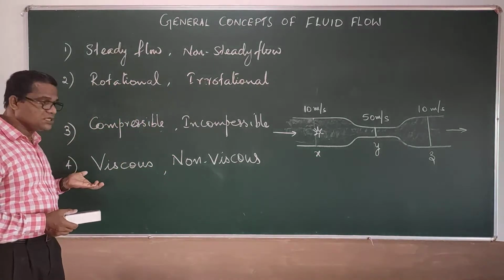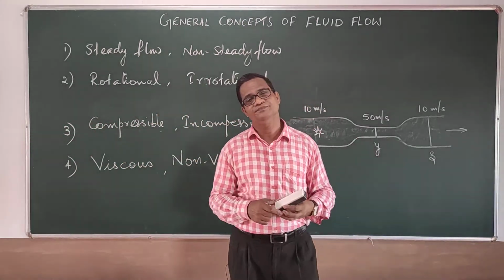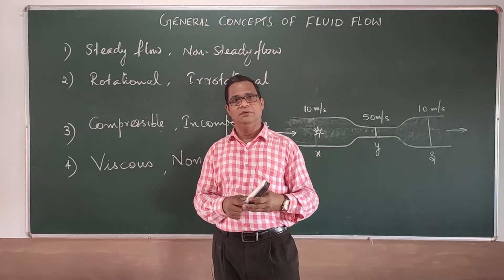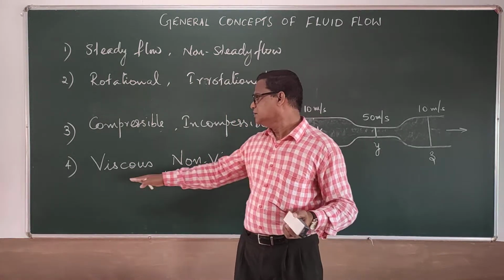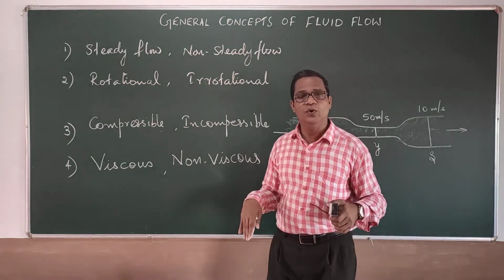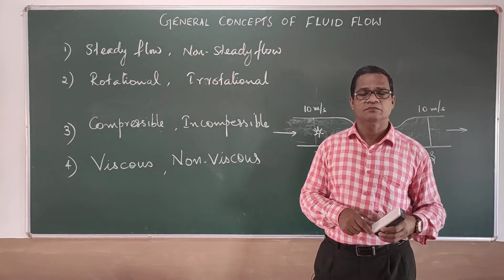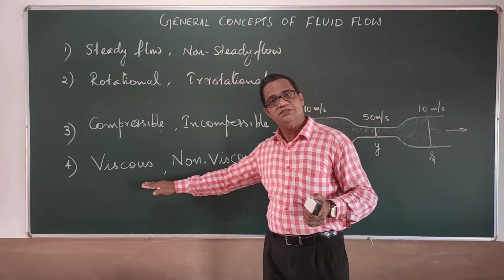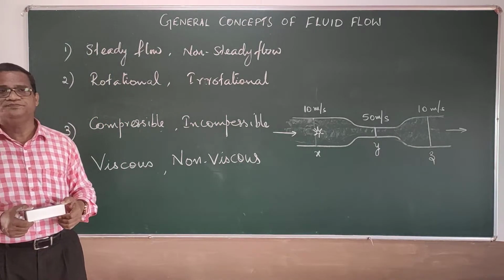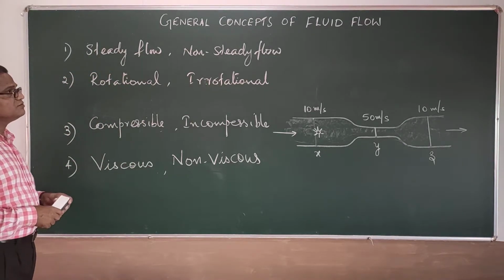While the liquid is in flow, if there is dragging between the layers of the liquid or between the solid surface and the liquid, then there will be a viscous effect. And if there is no such dragging while the liquid is flowing, then it is called non-viscous. If it is a viscous flow, due to this dragging, there will be energy loss possible. So these are the main 4 characteristics of flow.